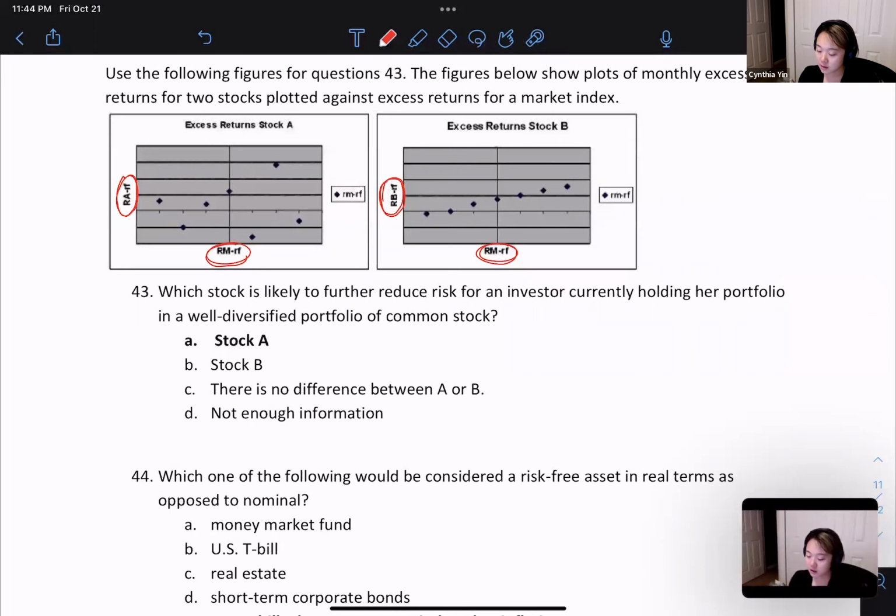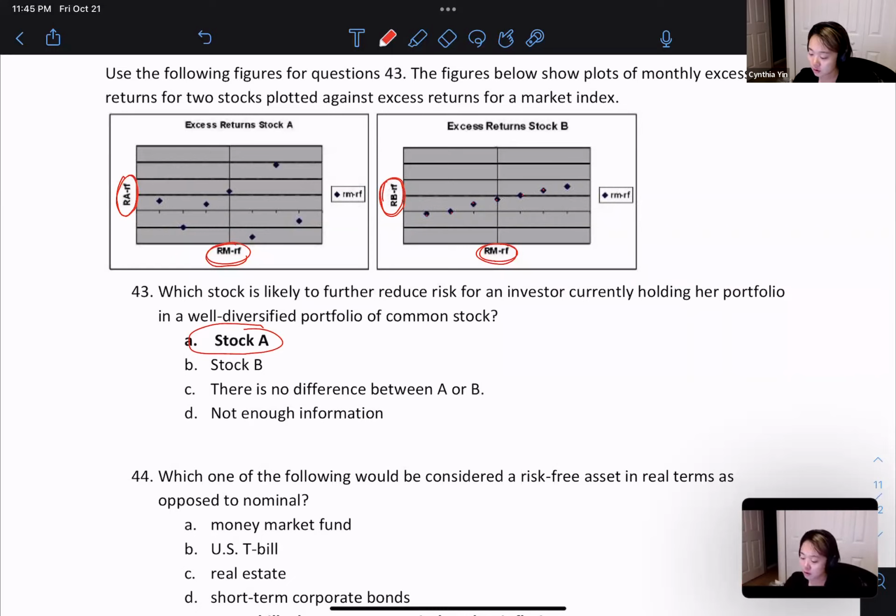Which stock is likely to further reduce risk for an investor currently holding her portfolio in a well-diversified common stock? The answer is stock A. Why? Because if you look at the pattern of security B, it's almost perfectly correlated with the market.